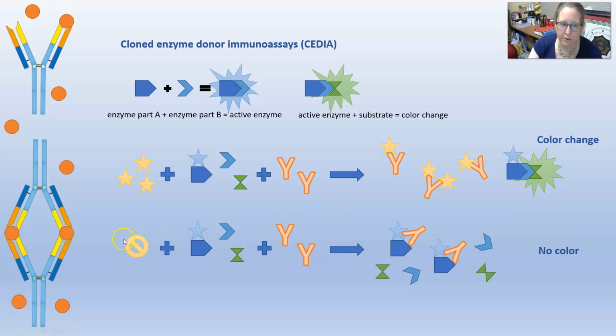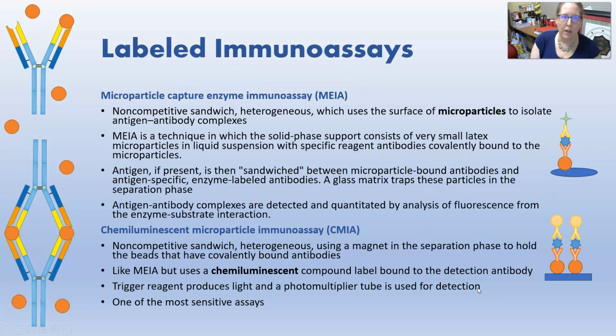If there's no analyte in the sample, the antibodies will bind the analyte that's tagged on part A of the enzyme, and that will block it from assembling and forming the active enzyme, and there will be no color change or reaction.